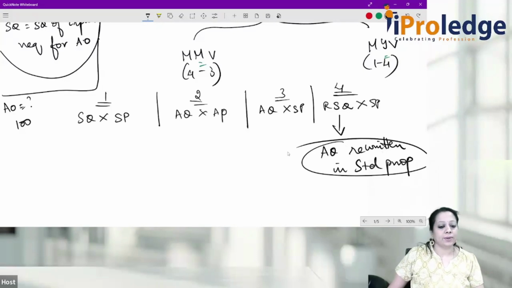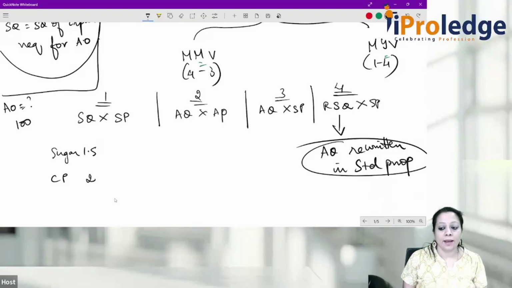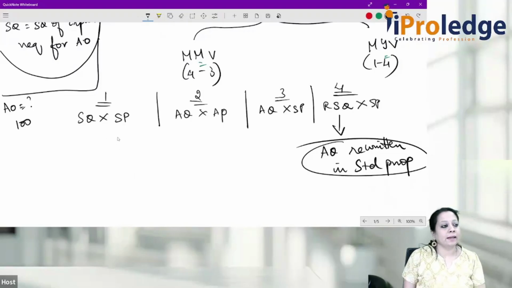What is the standard proportion? Input can be two: one is sugar and one is coffee powder, 1.5 spoons of sugar and 2 spoons of coffee powder. So I have to distribute the actual quantity in both standard proportions, whatever the proportion is. Other than that, it's very simple.